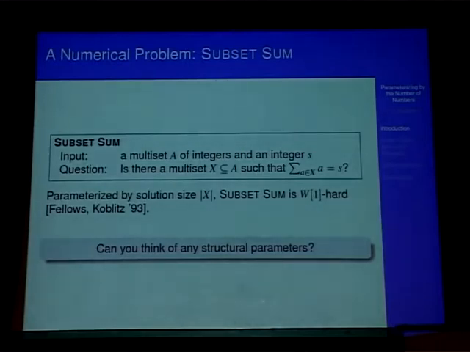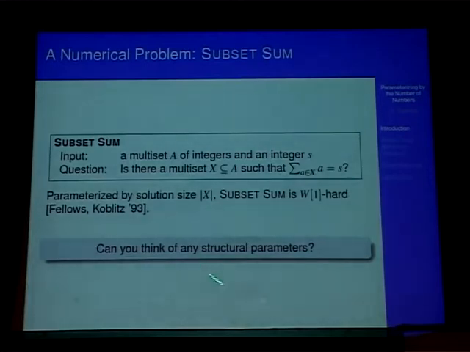Now we could just give up and say parameterized complexity doesn't work for this problem. But you could also think, there are instances when I can efficiently solve this problem, so when is it exactly that I can solve it, or identify some good situations when the problem becomes tractable.